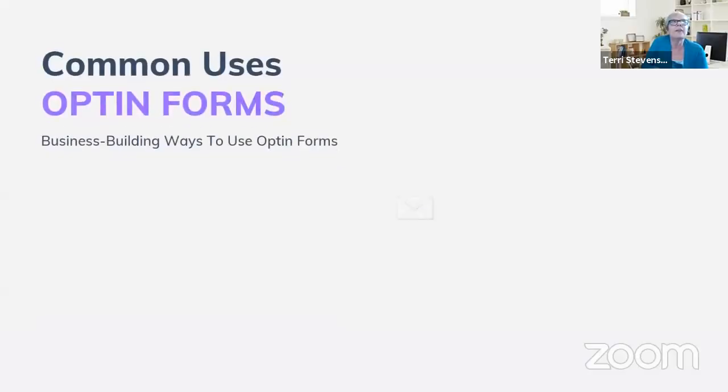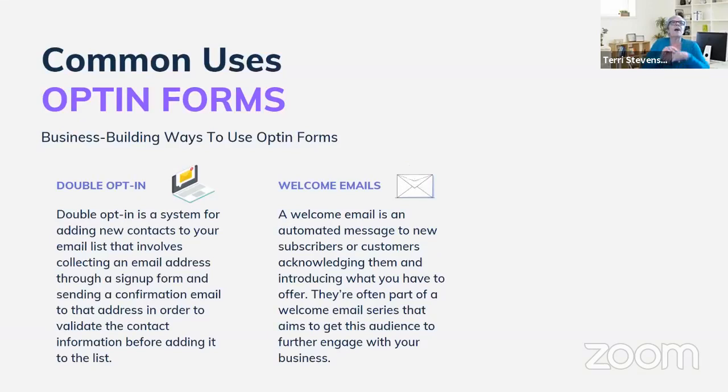All right. Now, another common use for opt-in forms is welcome emails. That is one of the first things that you usually set up in an autoresponder, an automated messaging system. When somebody opts into your list, you're going to automatically send them a welcome email.